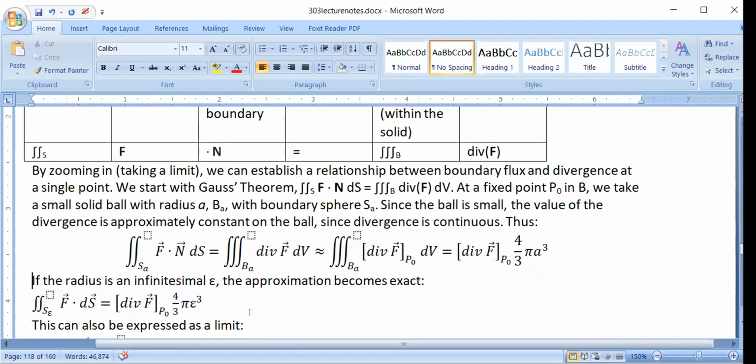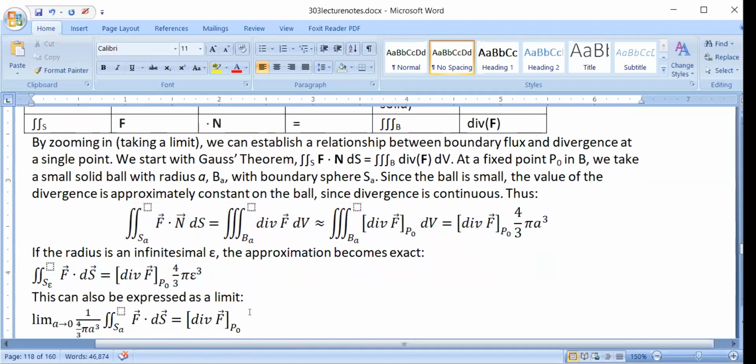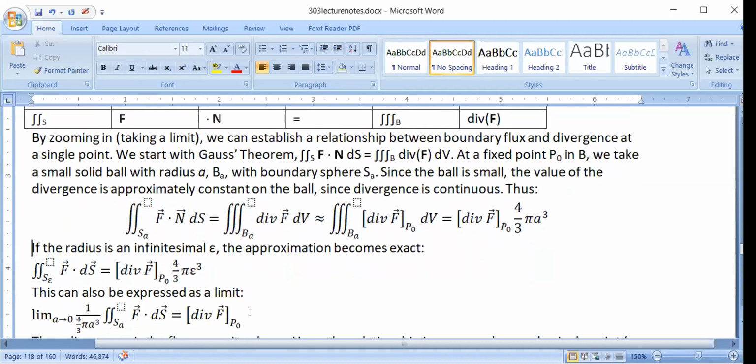So put all the small bits on one side, and so take the original thing and just divide. So now 1 over 4/3 pi a cubed, that's 1 over the volume, times the surface integral, double integral over S of F dot dS, and the limit as a goes to 0, that is equal to the divergence at that point.